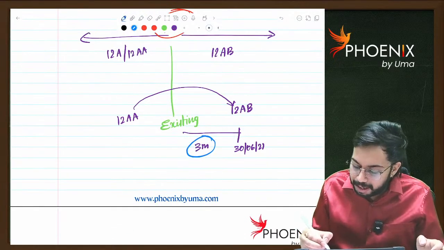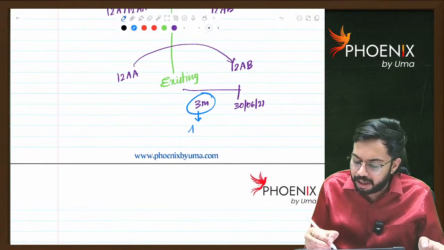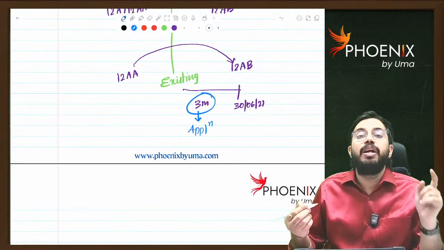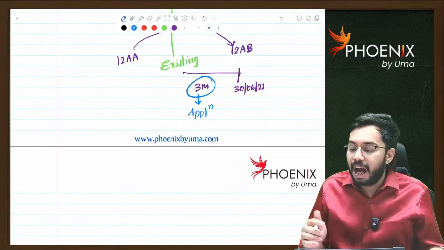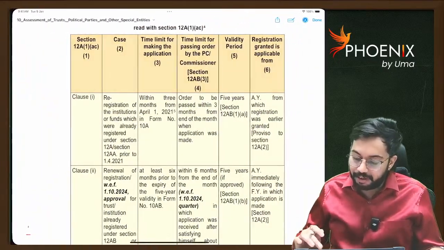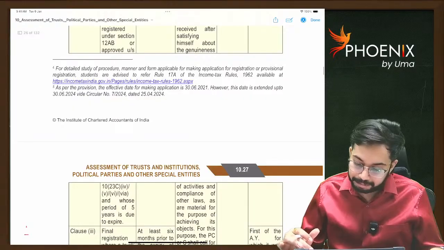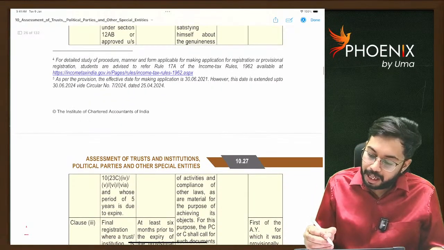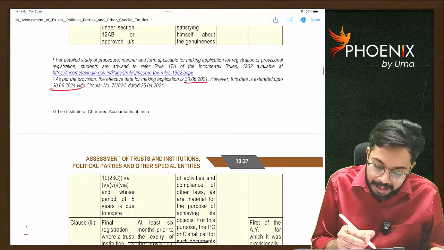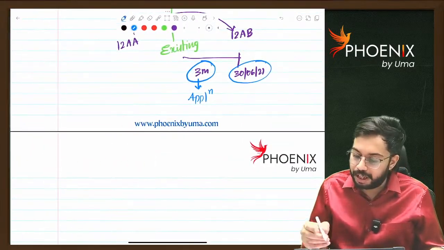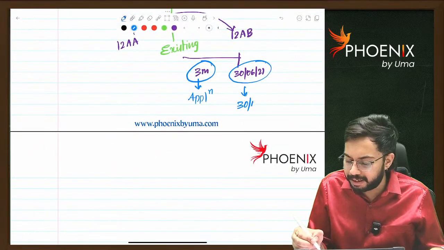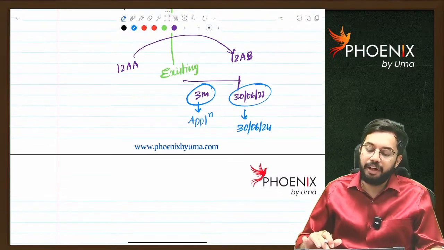So within 3 months, they should file the application for migration from 12AA to 12AB. However, 30 June 2021 was extended. You can see 30 June 2021 is extended up to 30 June 2024. It got extended by circular to 30 June 2024.